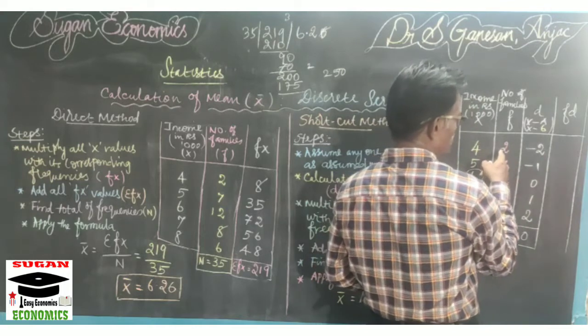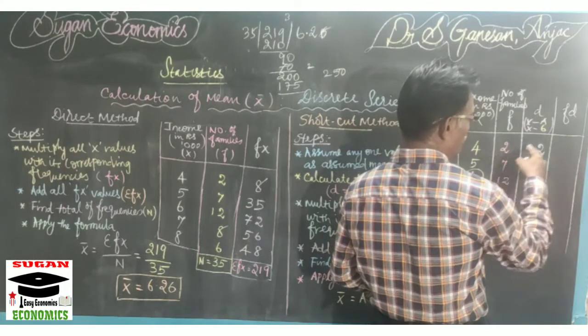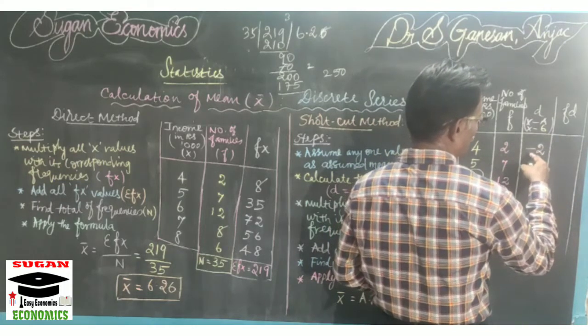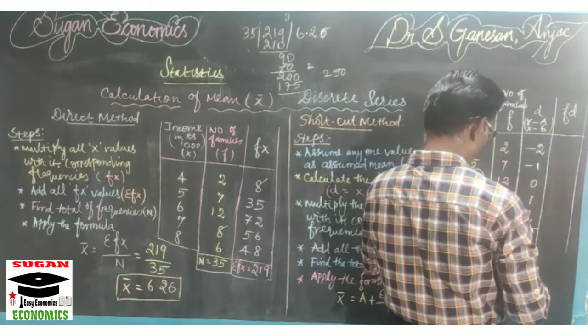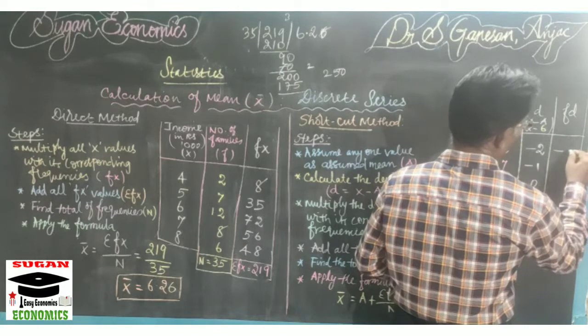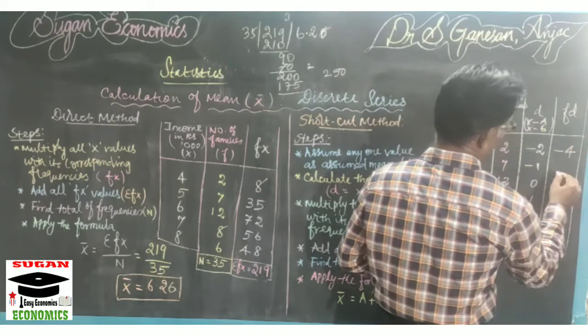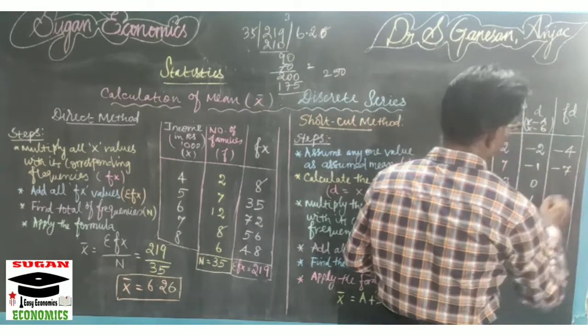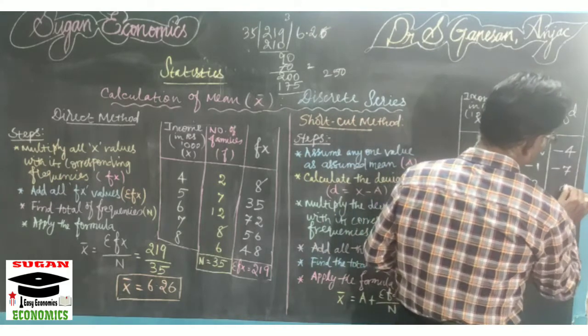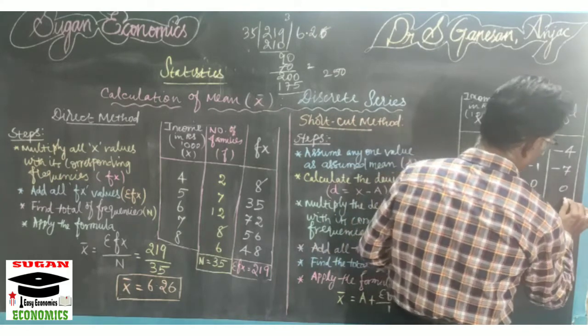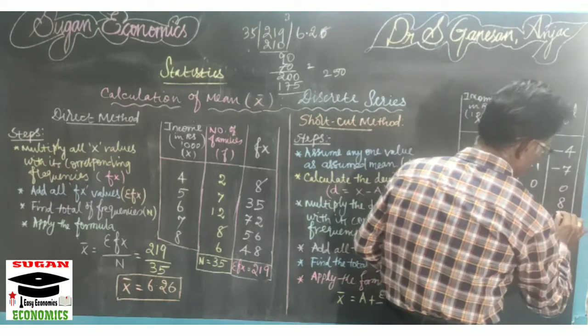Here the frequency 2 is positive and the d value is negative, so positive into negative is negative. You put a minus sign, 2 into 2, 4. Then minus sign, 1 into 7, 7. 12 multiplied with 0 is equal to 0. Then 1 into 8, 8, and 2 into 6, 12.